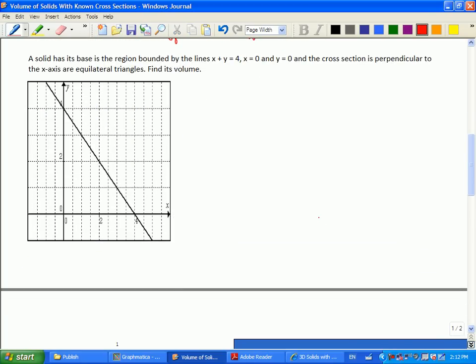It says every cross-section perpendicular to the x-axis is an equilateral triangle. So if I go perpendicular to the x-axis, what I'm going to get is a triangle whose sides are also that same length. So something like this.